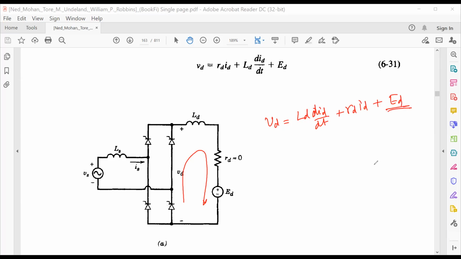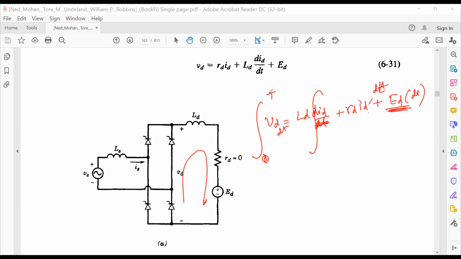Now we want to find out the average value, so we want to integrate it. Before integration, we have to multiply both sides by dt. So this is ID dt. This is your dt. This is constant. So any constant, if you integrate it, it will remain constant, right?